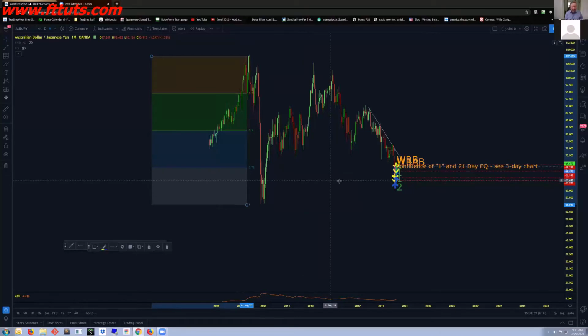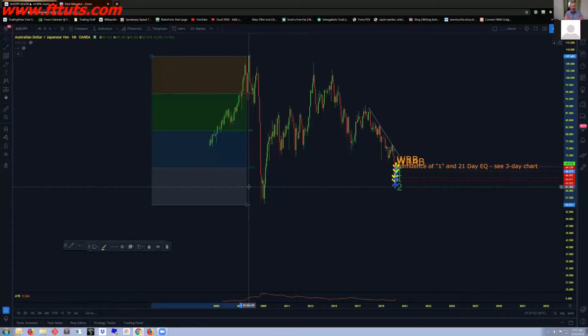So you can see that we're down inside this quadrant, way down below the 75% area of the entire range. Very simple. This is the quadrant we're trading in. If I put my crosshair here, we are roughly right at equilibrium.